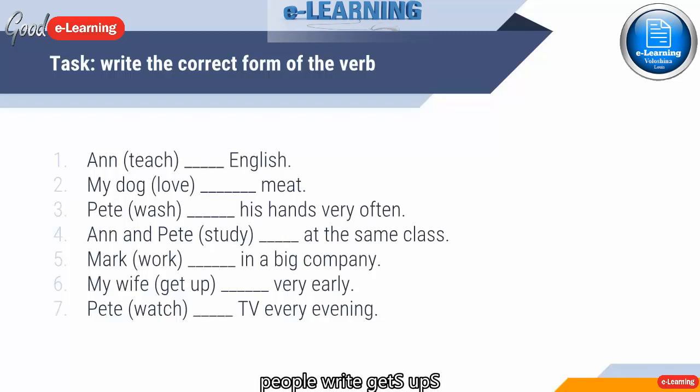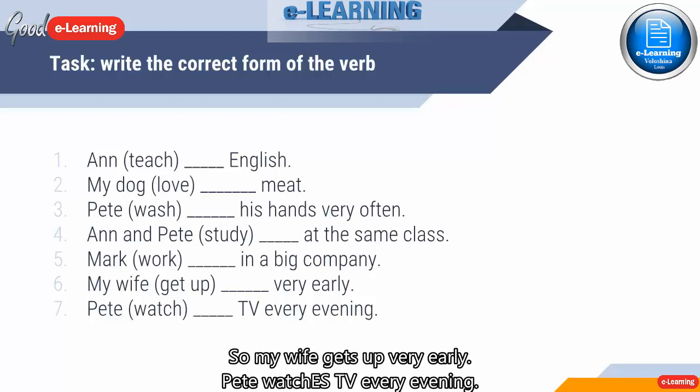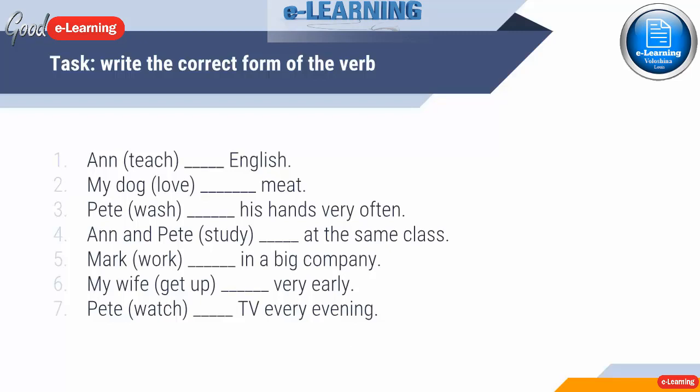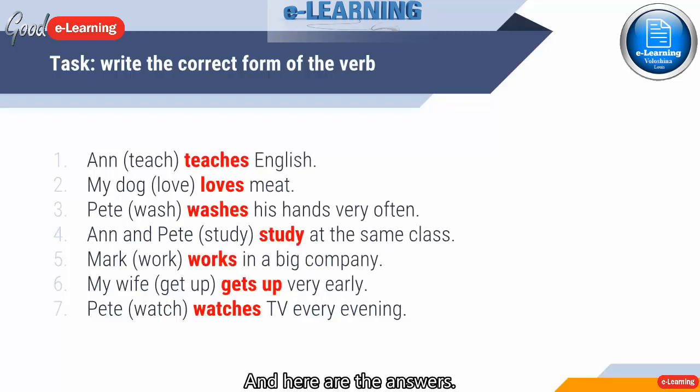People write gets ups. The verb is get. So my wife gets up very early. Pete watches TV every evening. Watch, tch. So you add es and make the correct form. And here are the answers.